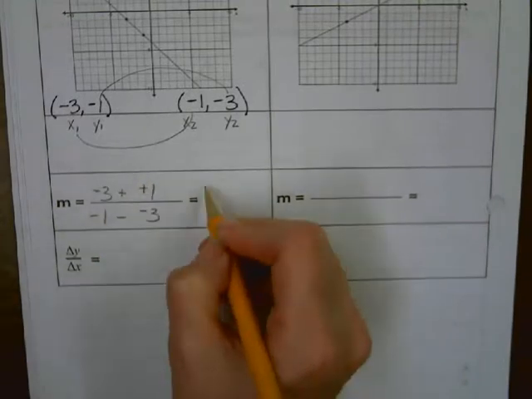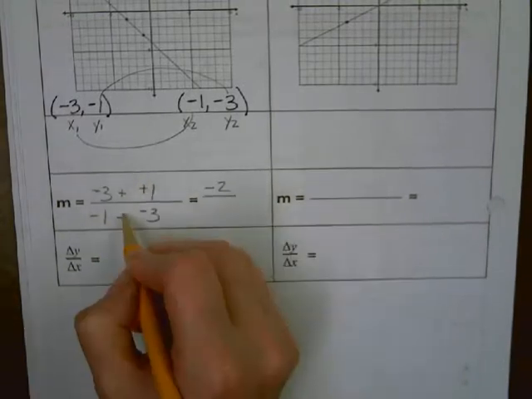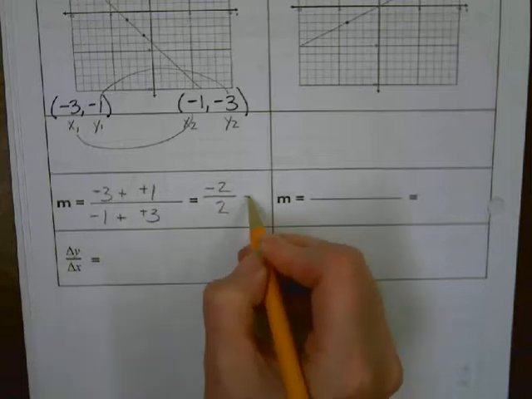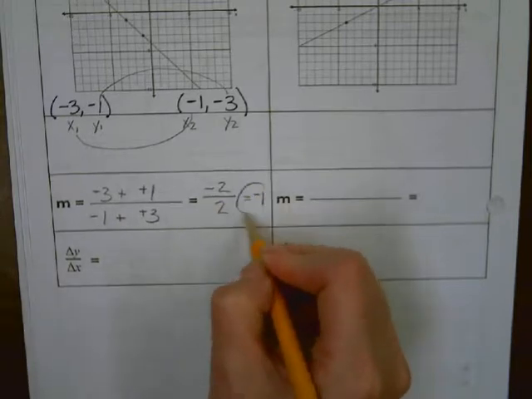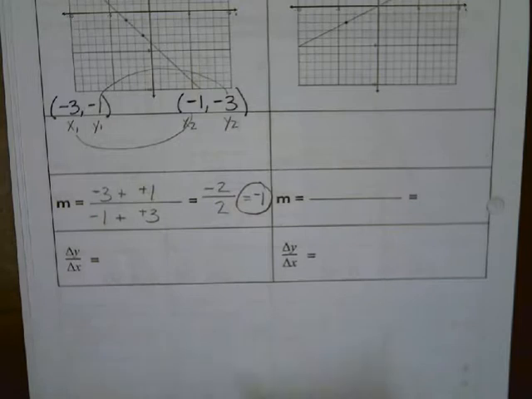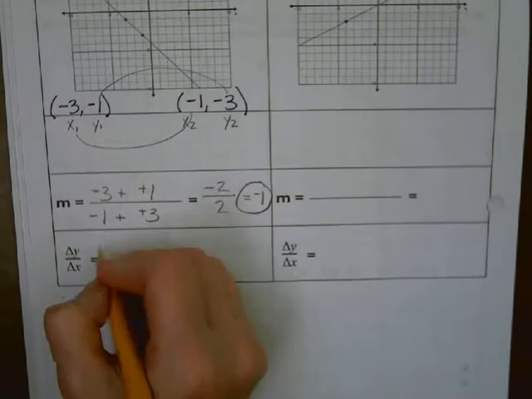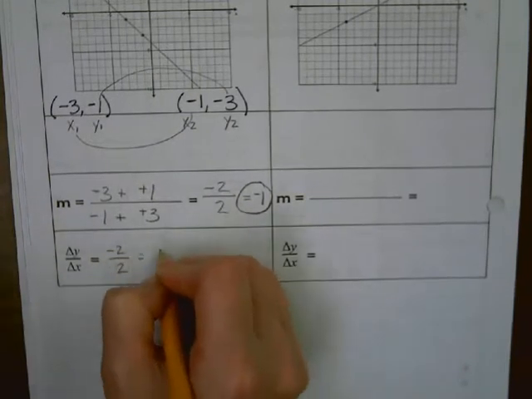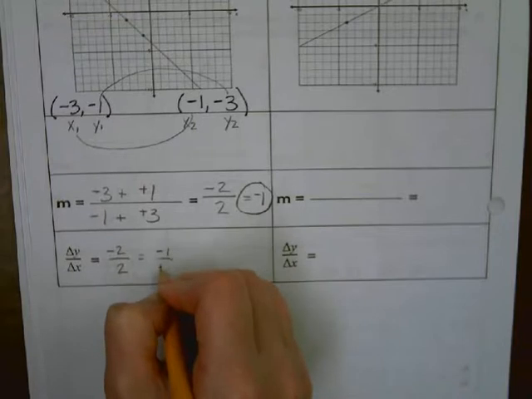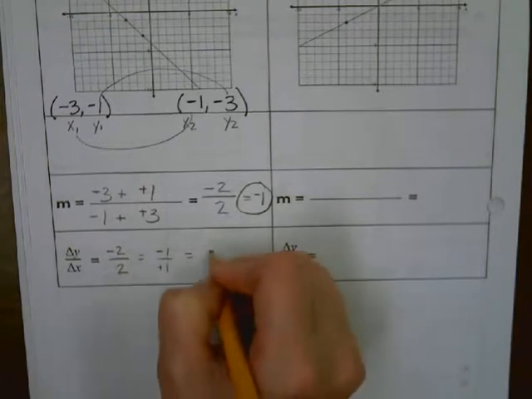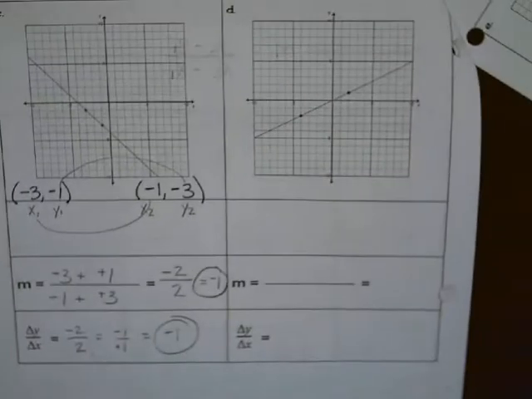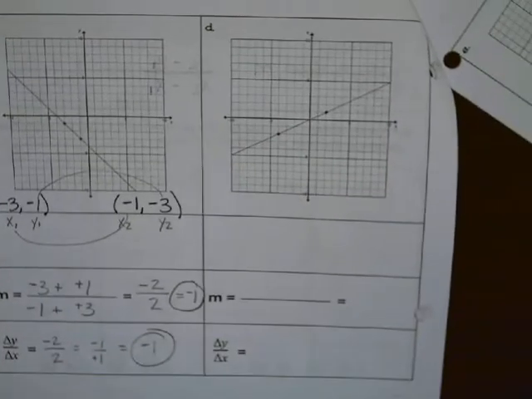So I will get negative 2 over positive 2. Negative 1, and I have a negative line. Oops, over 1. Same thing as negative 1. Pause the video and see if you can do D, E, and F.